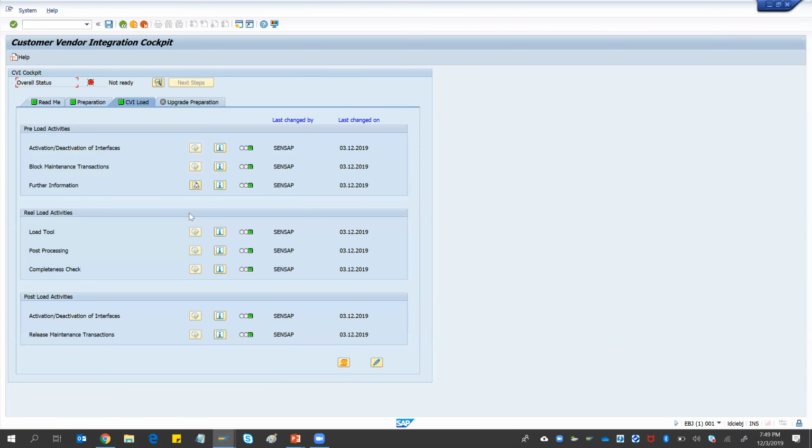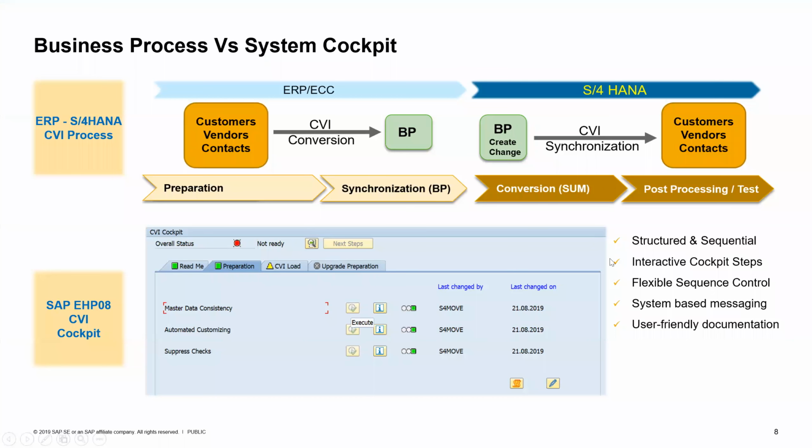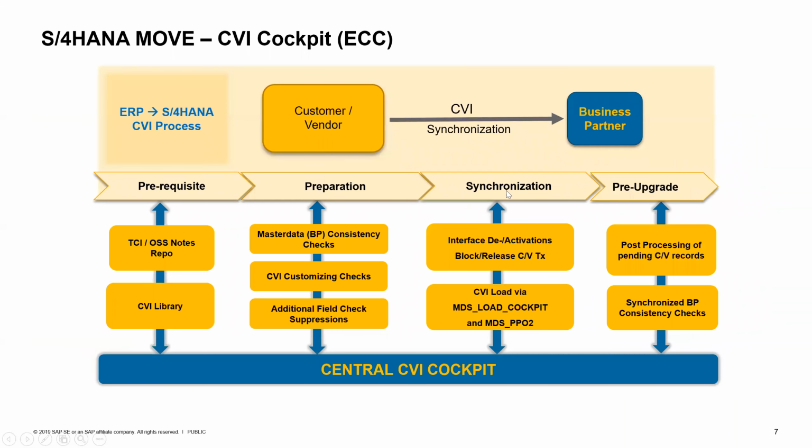Now, as I mentioned in the presentation as well, when the synchronization step happens and the S4 upgrade happens from the third step to the fourth step, typically there's a lag of 3 to 6 months, as we have experienced from some customer feedback.